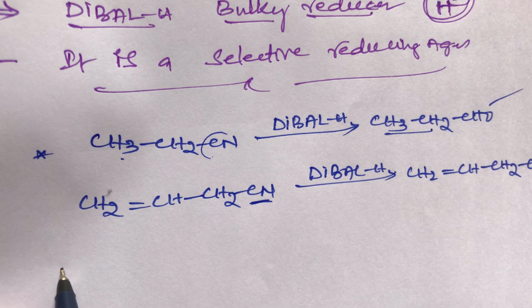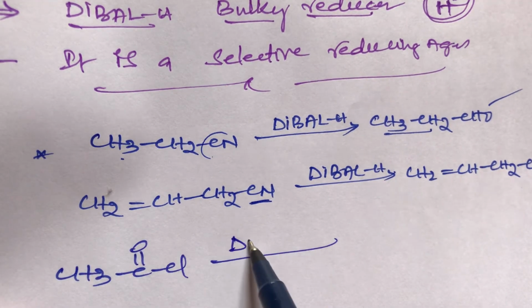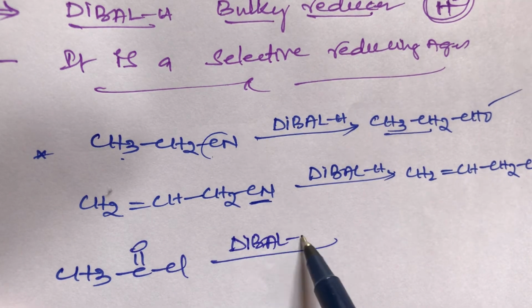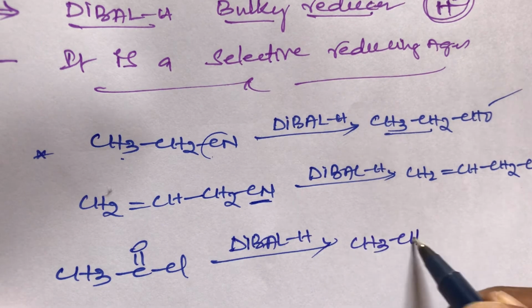For this acid chloride example, CH3COCl in the presence of dibal gives the same aldehyde, CH3CHO.